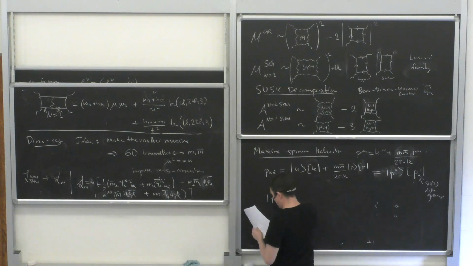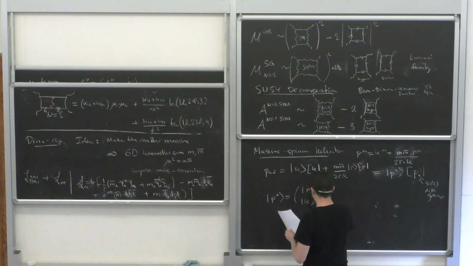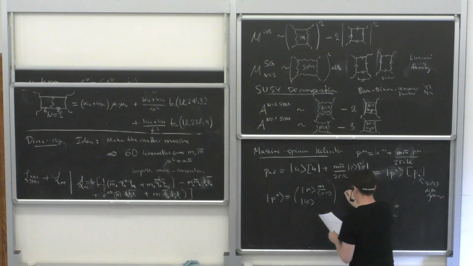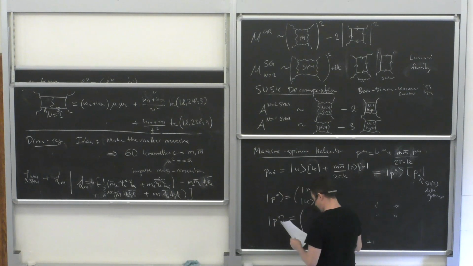I can just write that in terms of the r and k spinors, and m over k·r, and p_A square. It's also a column vector.